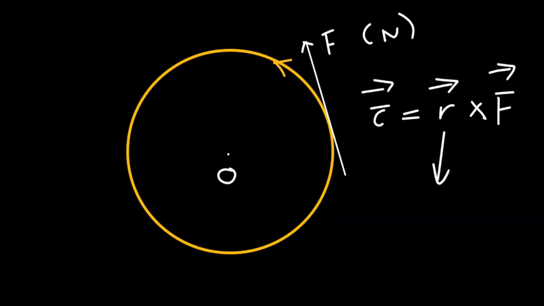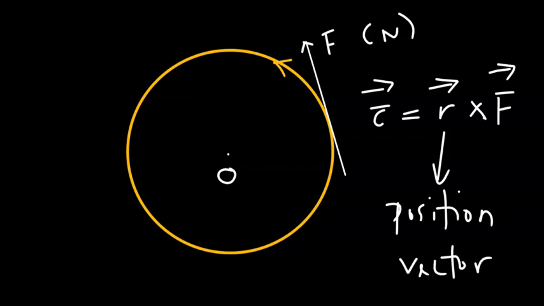So what is this position vector that we are referring to here? The position vector here is defined as the position vector of the point at which the force is acting. So it extends all the way from the axis of rotation to the point where the force acts.